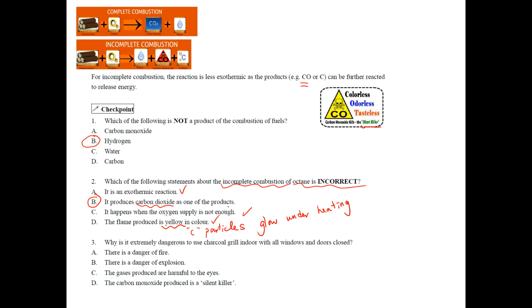And not enough oxygen will cause incomplete combustion. And what will happen is that carbon monoxide will be produced, and it's a silent killer. Understand? So carbon monoxide will bind with the hemoglobin, and then your hemoglobin cannot carry oxygen very well, and finally you will die because of the shortage of oxygen.